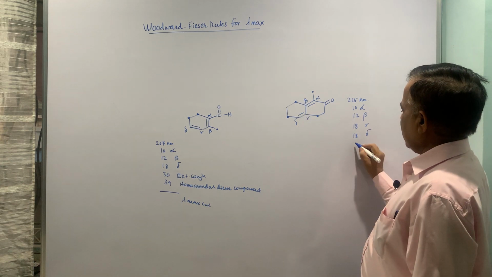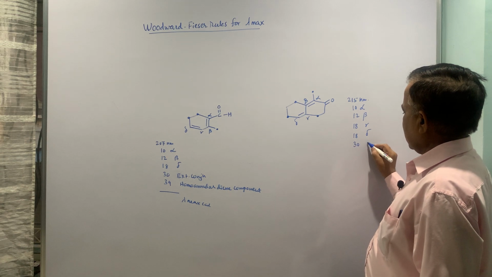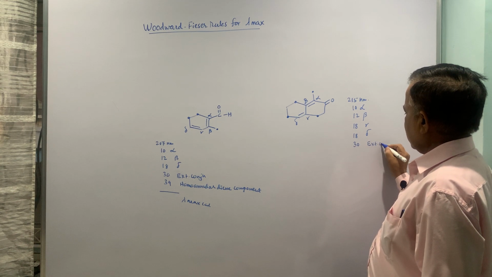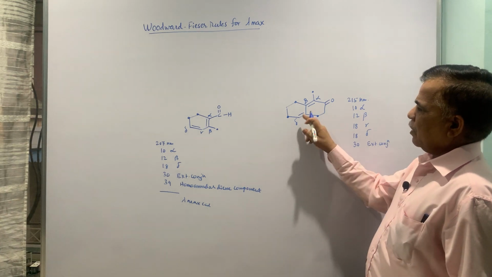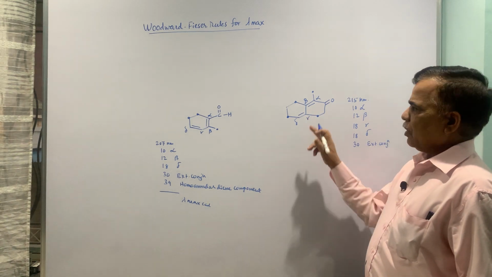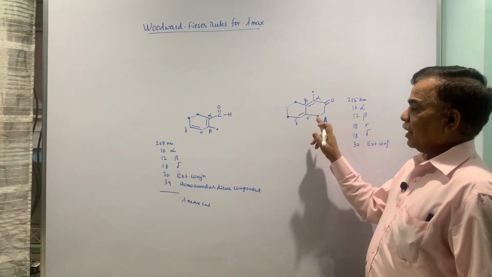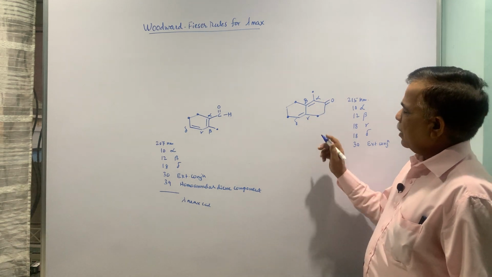Extended conjugation 1, this is extended conjugation. Homodiene component is not there because they are present in different rings.